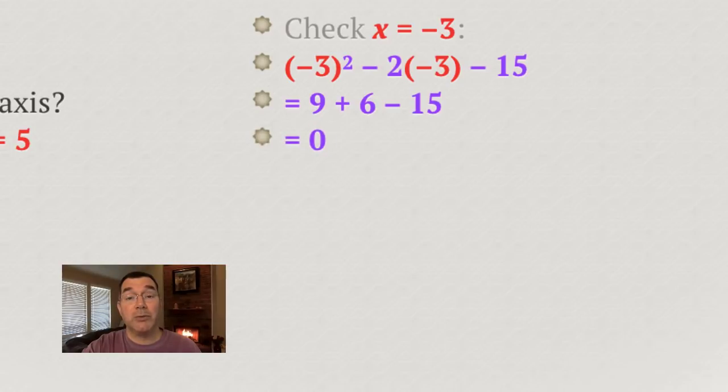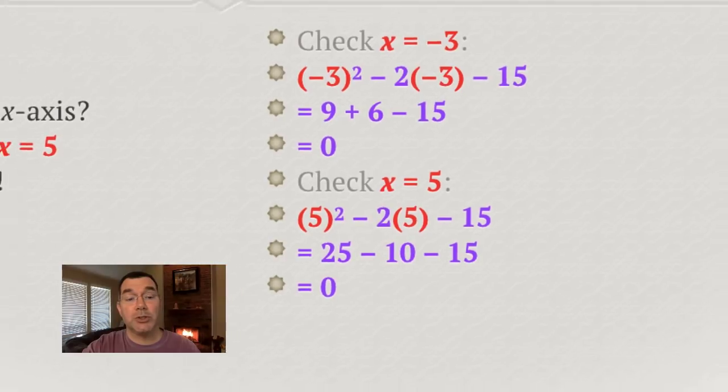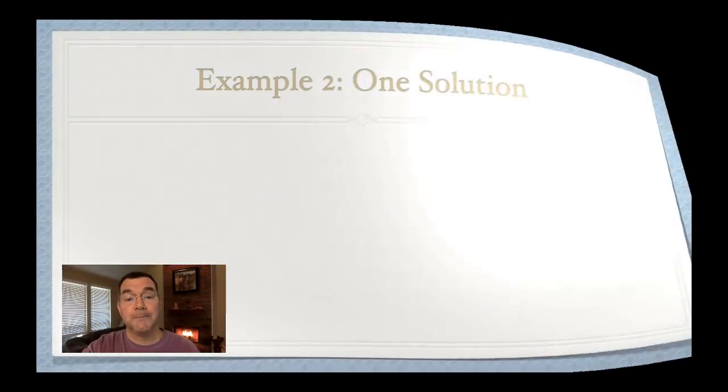So x equals -3 does in fact work. When you plug it in, you get 0, and you get the left side equal to the right side. Now if I check with x equals 5, I plug it in and I get 5 squared minus 2 times 5 minus 15, and that ends up being 25 minus 10 minus 15, and that's also equal to 0. So both of those solutions actually work, and those are the two solutions to my quadratic equation.